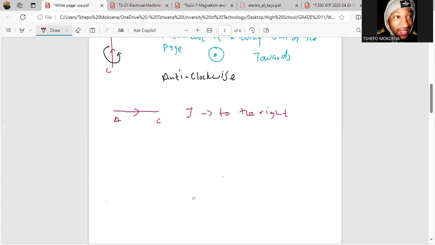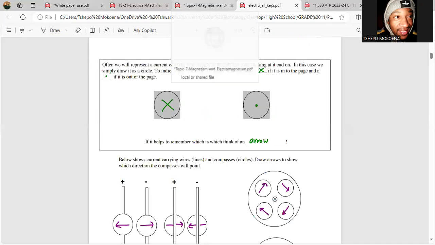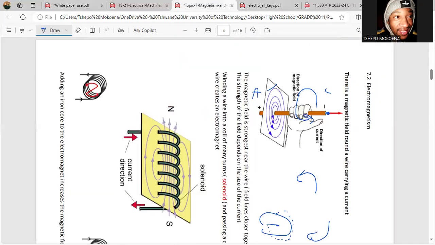Then, let's talk about the magnetic field. We can't use clockwise or anti-clockwise here. If the current is moving to the right, let me show you. Your fingers are going to go inside of this part and then come outside of this part, and then here they're going to go inside again.